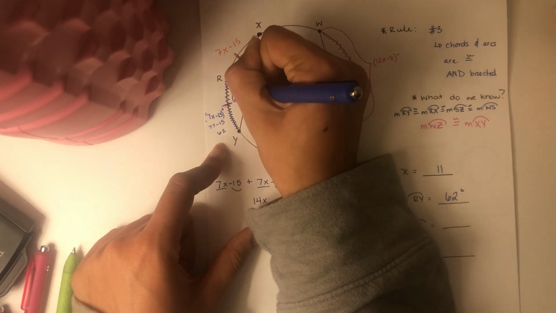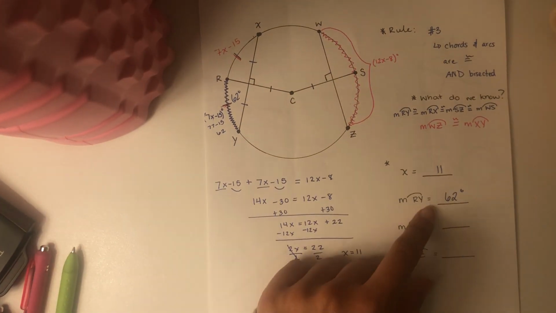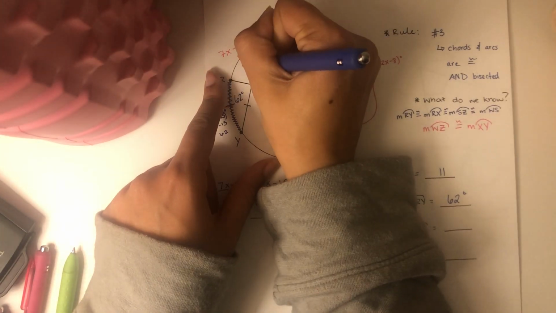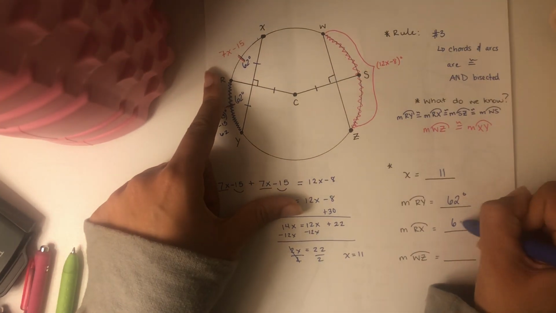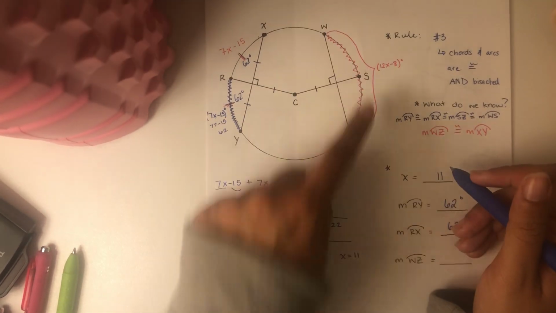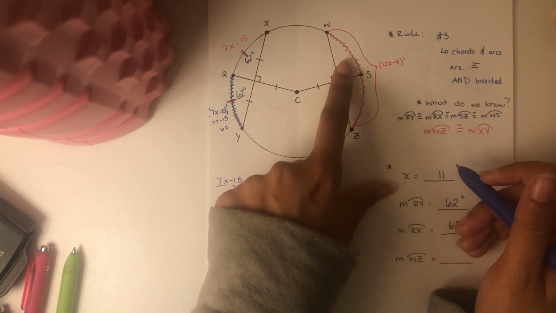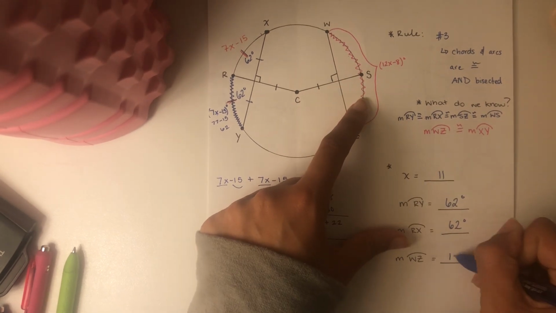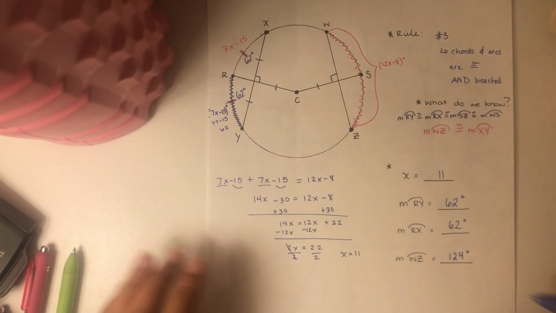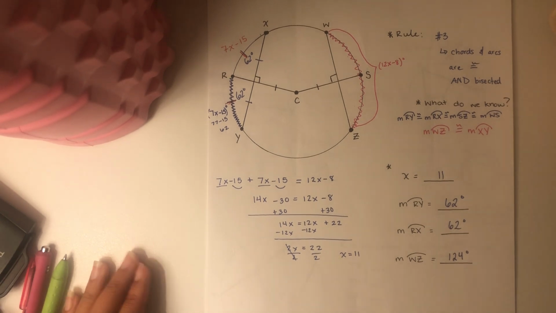Right here, 62 degrees. R to X, it's going to be the same thing, also 62. And then W to Z, well, it's 62 plus 62, which is 124. All right. We're about to dip into some individual practice problems.